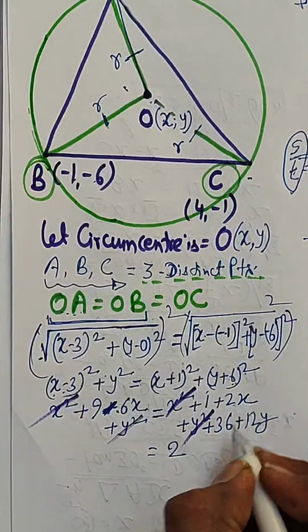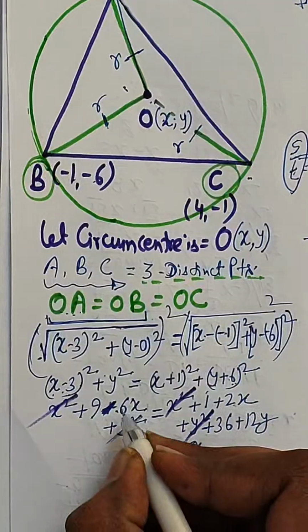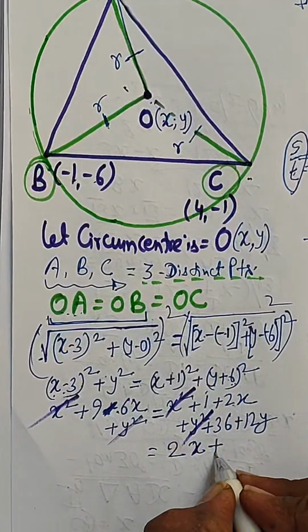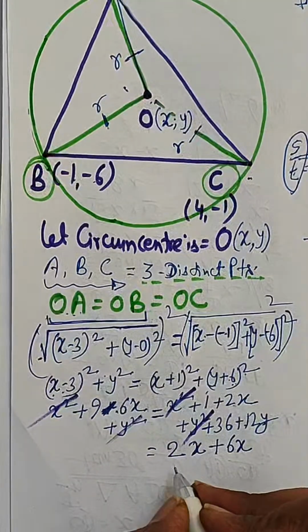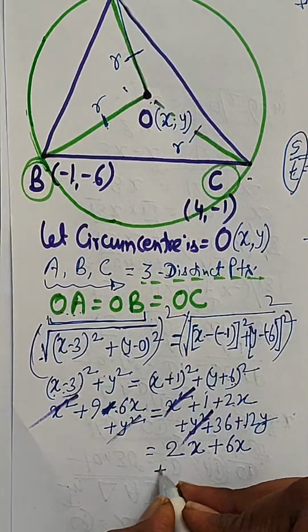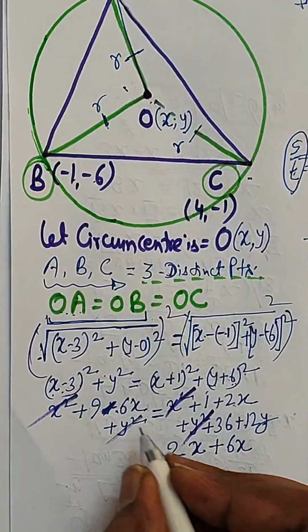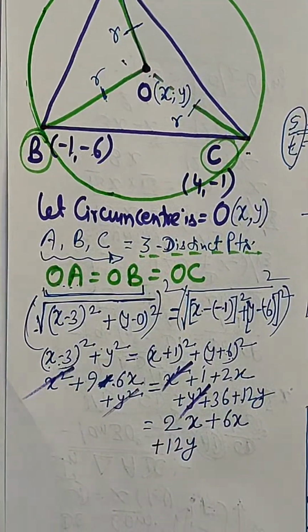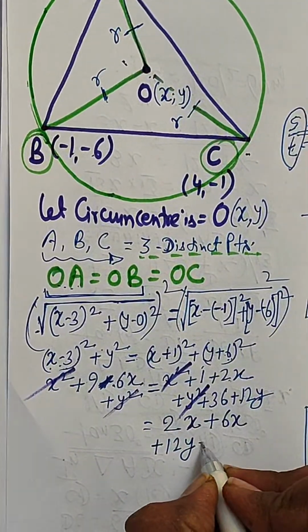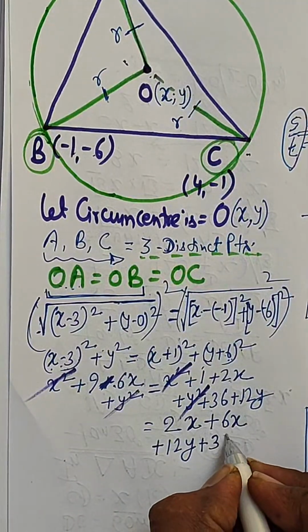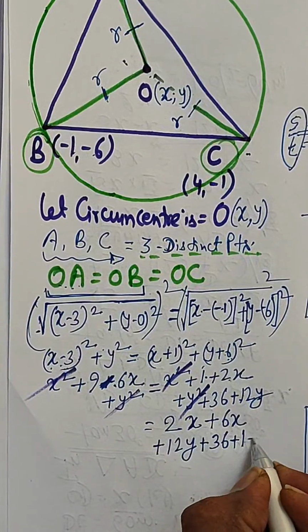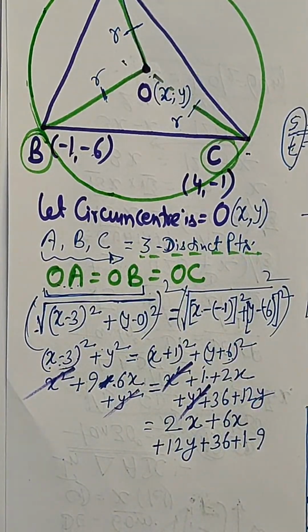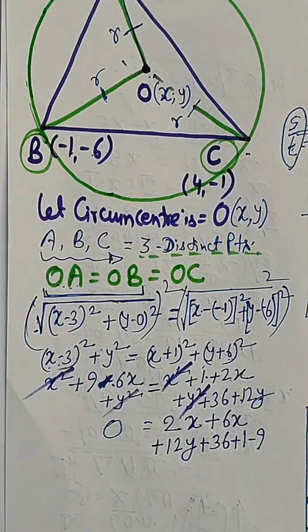It will be 2x earlier, and that minus 6x coming to the RHS will be equal to plus 6x, and then 12y already there. So just write plus 12y and nothing more, plus 36 and plus 1 minus 9, right? That is equal to 0, right?